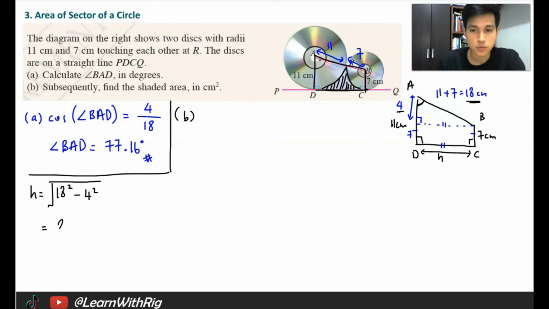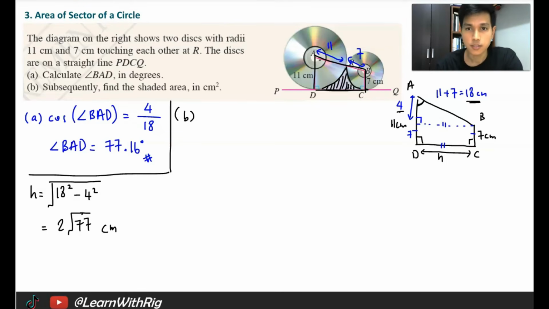Your answer should be 2 root 77. I'm going to leave it in this form. I don't want to round off so early in the process, because if I write in decimal, I have to round off. So this is 2 root 77 cm. So you can now find the area of the entire trapezium. Now you have to find the area of the sectors.